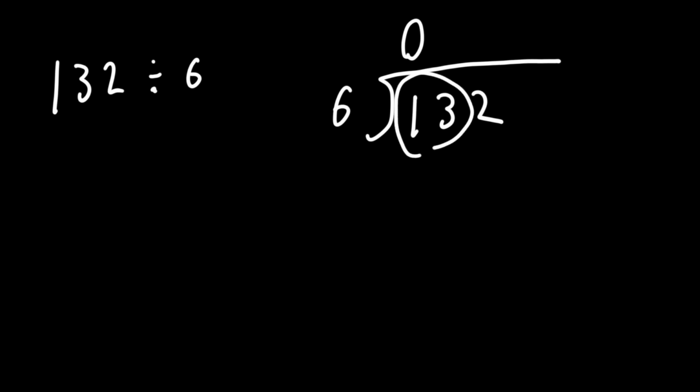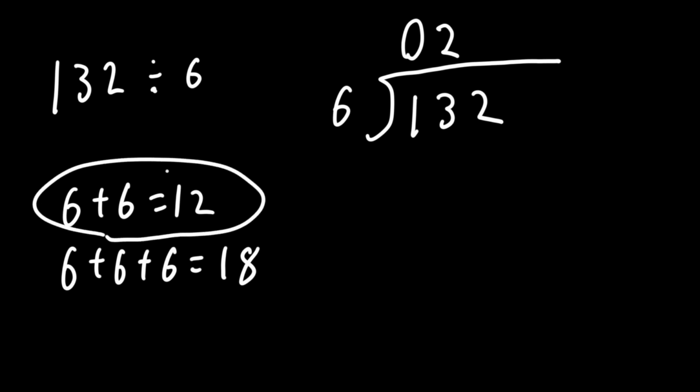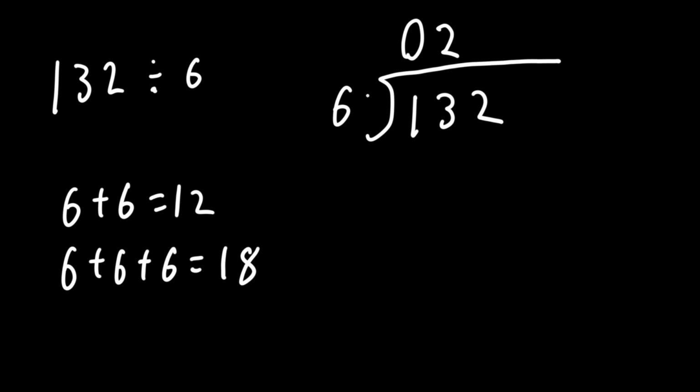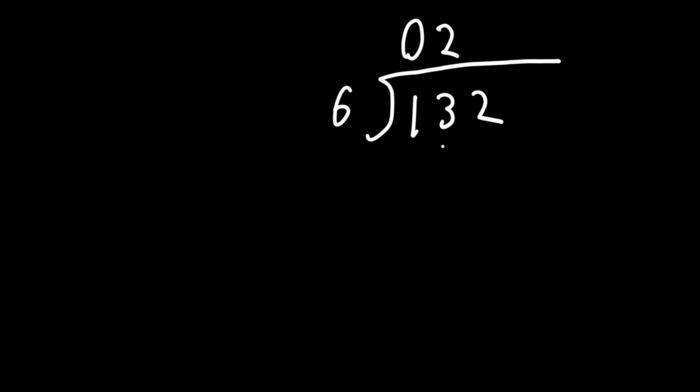6 can go into 13 2 times, because 6 plus 6 is 12. But 6 plus 6 plus 6 equals 18, which is too large to go into 13. So only 2 6s can go inside of 13. Now, we have to subtract this by the divisor times the amount of times it can go into the number.